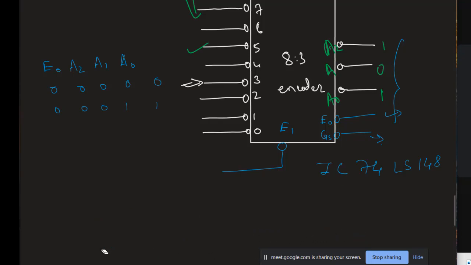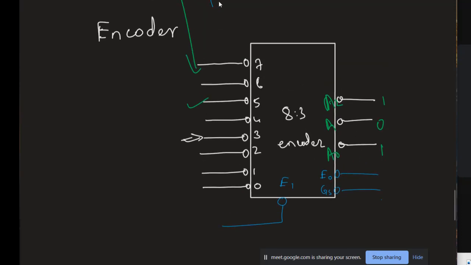What I'm going to say is this: I want to activate the 5th line, so I must give 0 here and the rest of the lines will have 1. Is this part disturbing you? It should not.